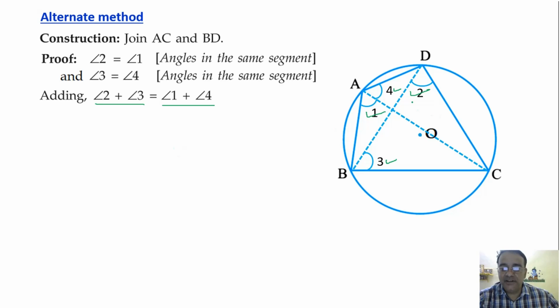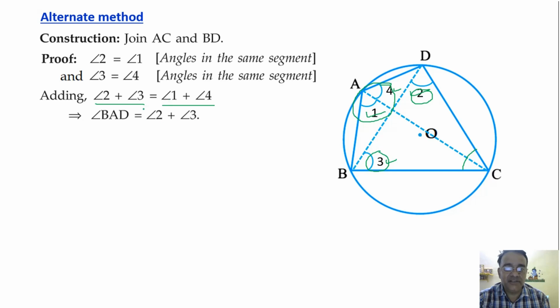Now what is the sum of these three angles: angle 2, angle 3, and this angle? 180. Why 180 degrees? Angle sum property of triangle. Very good. Now I am replacing angle 2 plus angle 3 with angle BAD, since angle 1 plus angle 4 is equal to angle 2 plus angle 3.